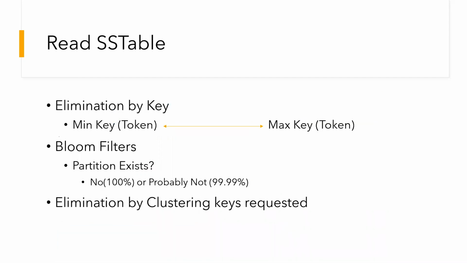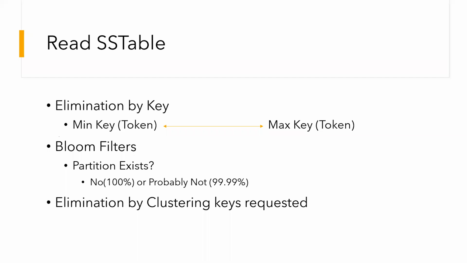There are a few concepts around how reads are served in a much better way, such as eliminating SS tables by keys. The metadata maintains a minimum key and a maximum key on an SS table. If the key is not falling in that range, that SS table is eliminated from being checked for a specific value.